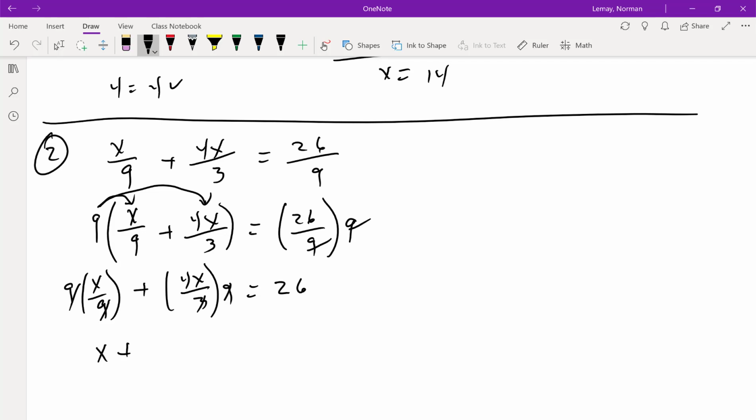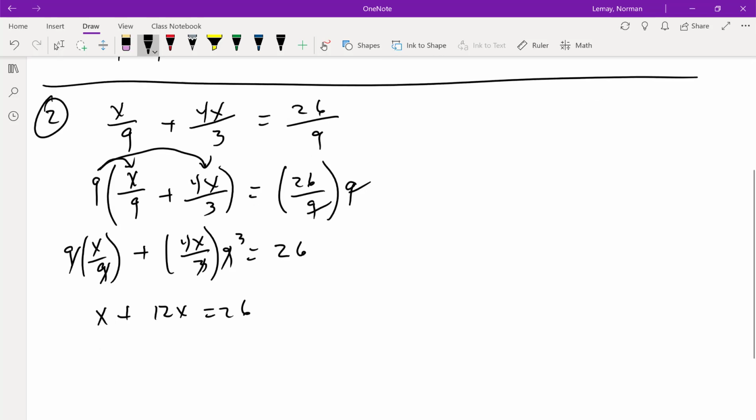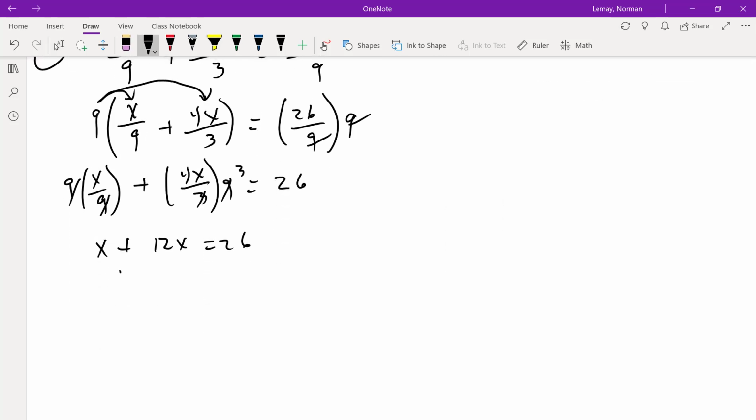And here 3 goes into 9 3 times, and 3 times 4x is 12x equals 26. So combining like terms on the left-hand side, I get 13x equals 26. And now we can go ahead and divide both sides by 13. So here we get x equals 2.